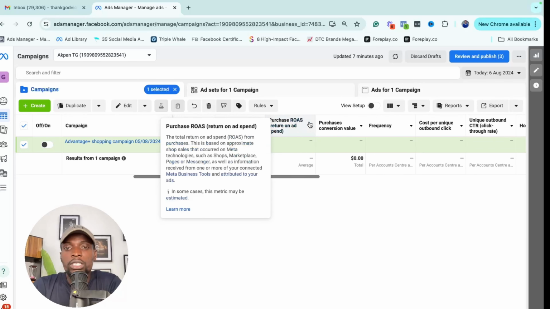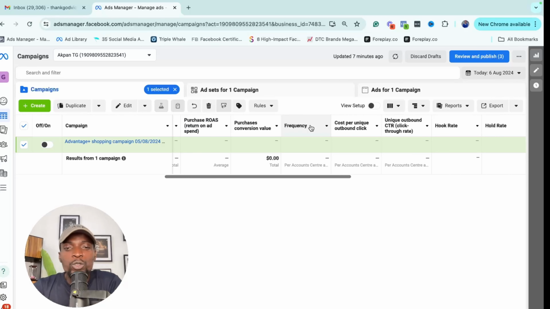Now, moving forward is the frequency. Now, most people don't look at this, and it's very, very sad. You need to understand if you're showing your ads to too many people, which will sometimes make your ad get fatigued. As much as possible, I try to keep my frequency on my prospecting campaign, that's a TOF campaign, around 2 to 3, because I don't want to show someone ads too often, because if I do that, they could maybe report the ad or just flag the ad, which will affect my relevance score and my page score basically.